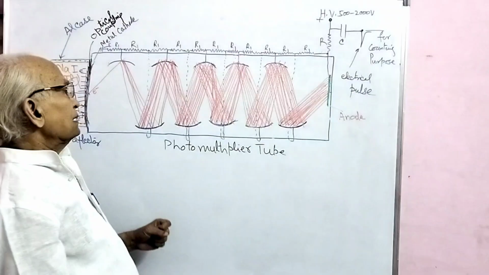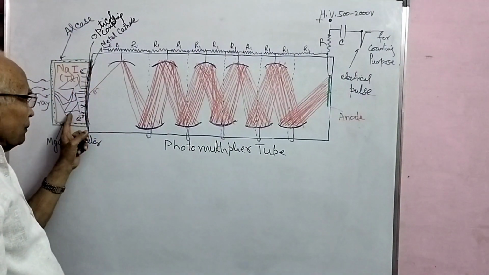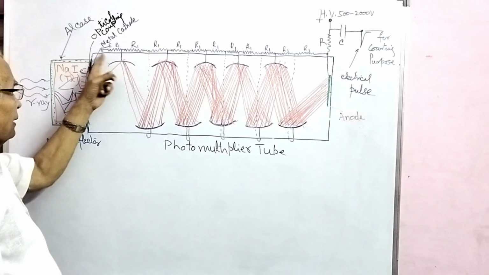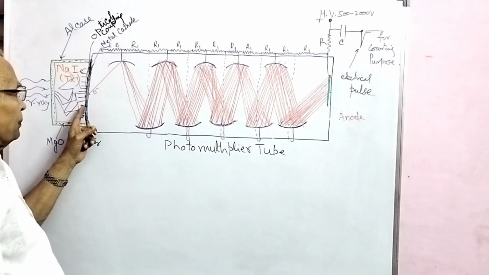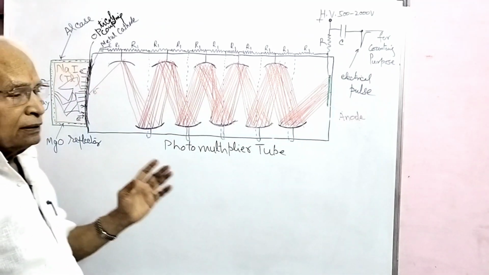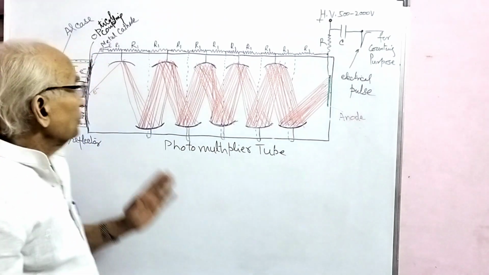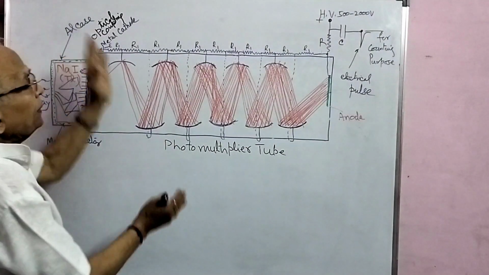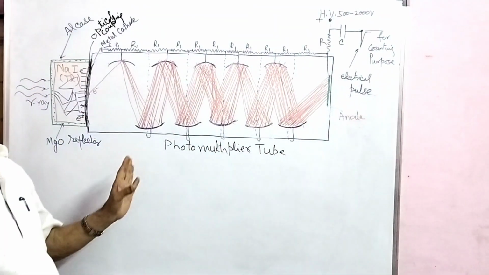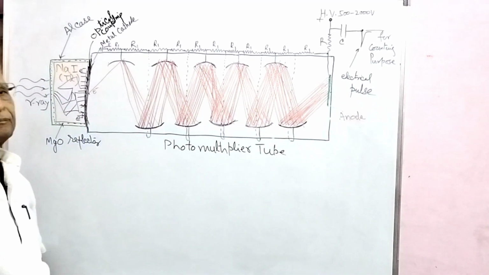So Canada balsam or silicone fluid is put between the sodium iodide crystal glass plate and this glass plate. These glass plates and the medium between them have nearly the same refractive index. So this is coupled optically, meaning no light is lost, or minimum loss of light, at the coupling.